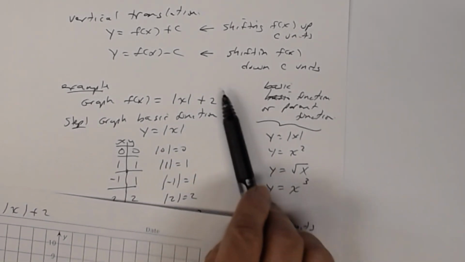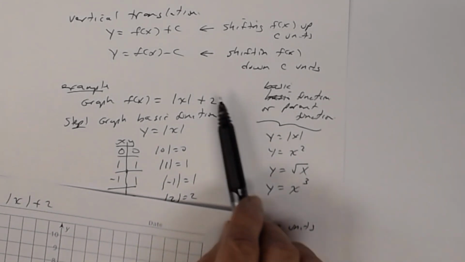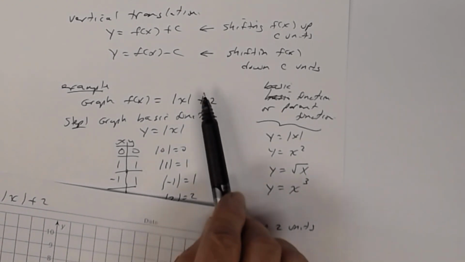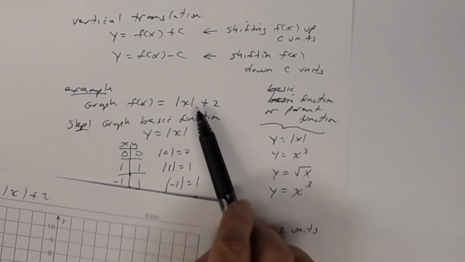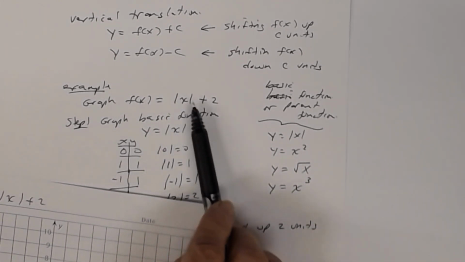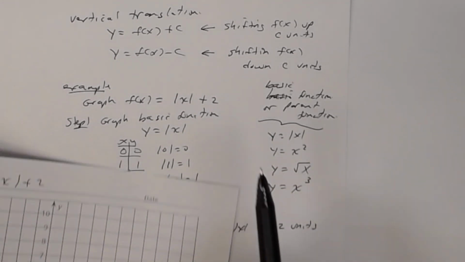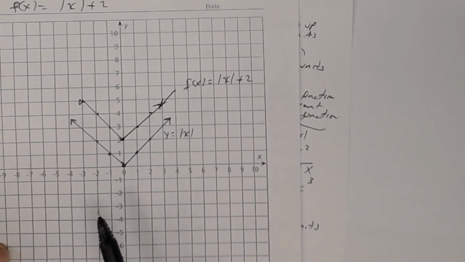And then step 2 is to use your translation, vertical stretching, shrinking, or reflecting. And all you had in this case was a vertical shift because of that plus 2. There was nothing else. My parent function and then plus 2, and that's it. All you did was take the parent function and move it up 2 units. All right, so that's what that is.